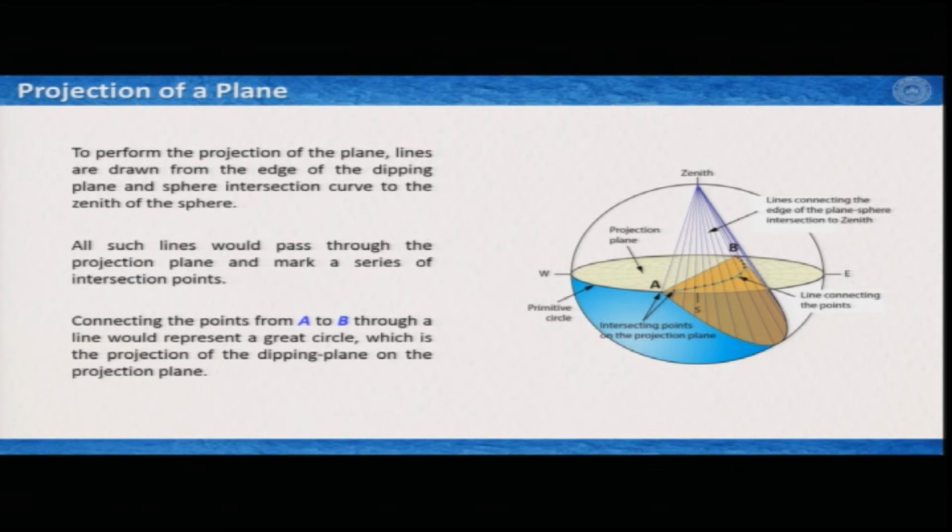So, we have to project it on the projection plane. Now, to do that, as we have done with the line, we will draw a series of lines from the edge of this intersection plane and the sphere to the zenith. So, all these violet lines, if we connect them continuously, would produce a sort of cone, and the individual lines of this cone would also intersect this projection plane.